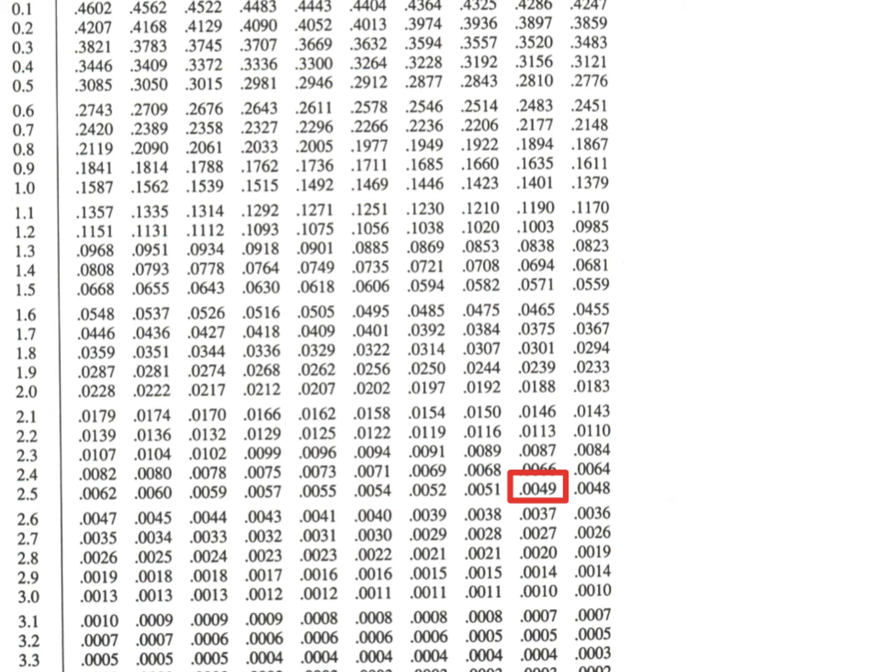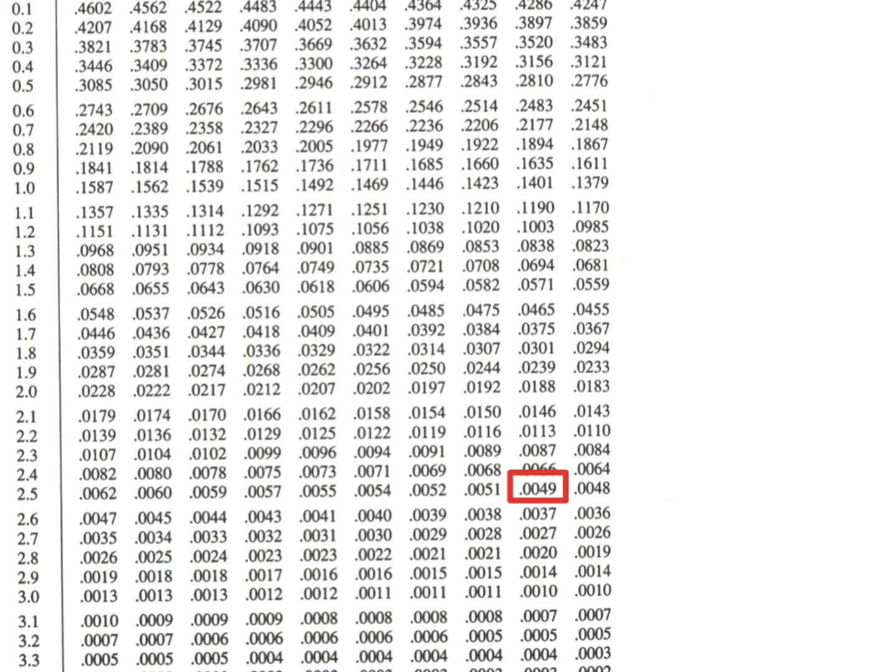So in other words, 99.51% of scores will be below this score. Note that we derive the exact same information regardless of which of these two Z-tables we use. So approximately 99.5% of scores in a normal distribution will be below a Z-score of 2.58, and approximately 0.5% will be above this score.